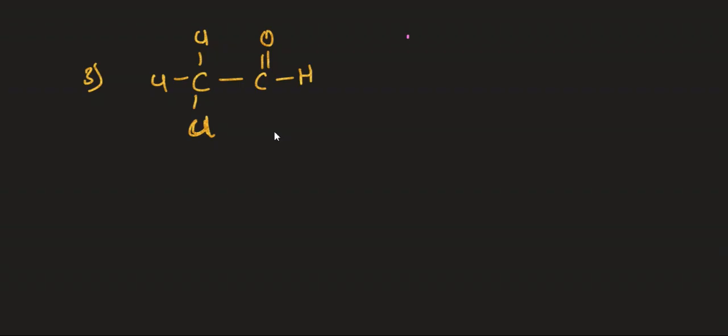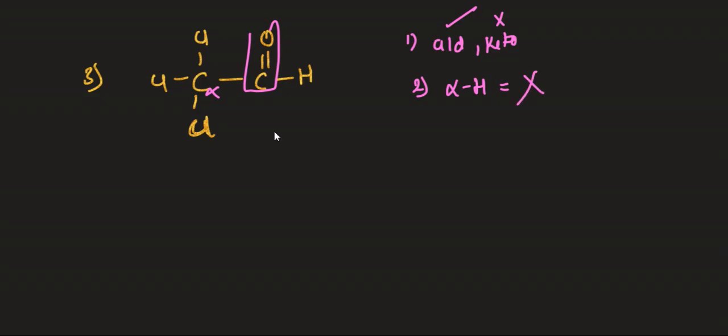First, we have to check the functional group, whether they have provided aldehyde or ketone. They have provided C double bond OH, which means they have provided an aldehyde. The second step is to check whether the alpha hydrogen is there or not. There is no alpha hydrogen because at the alpha position all three are chlorines. That means for the given question you cannot draw the enol form.